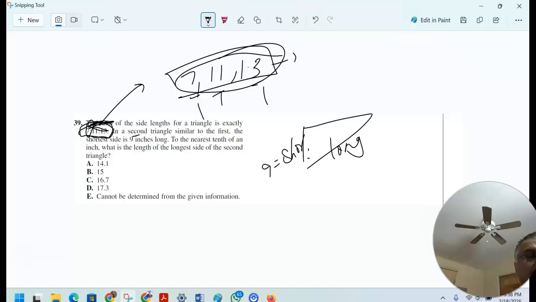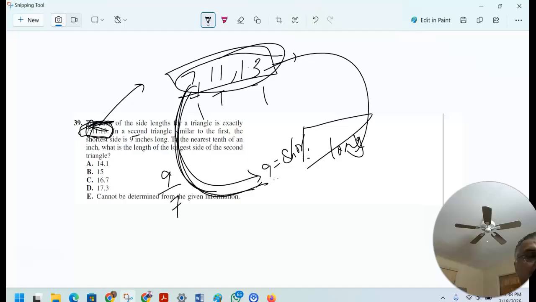Now, one thing is we got 7 to 9, that means the ratio from this small one to this is 9 over 7. So this goes to 9. So this one also has to go 9 over 7. So this also has to go 9 over 7 times the 13. So you can do directly 9 over 7 times the 13.